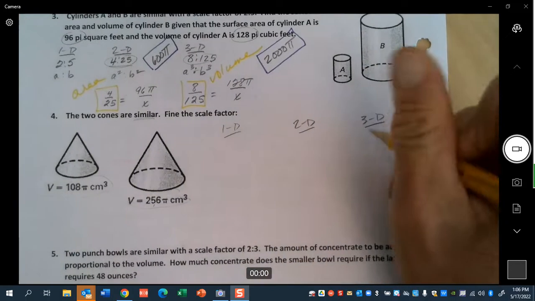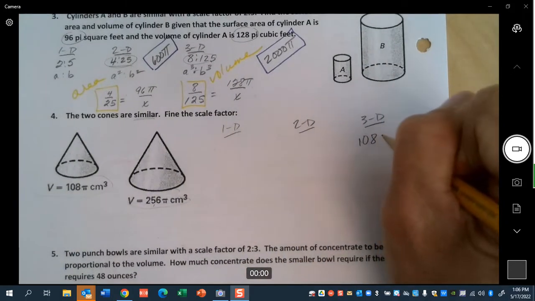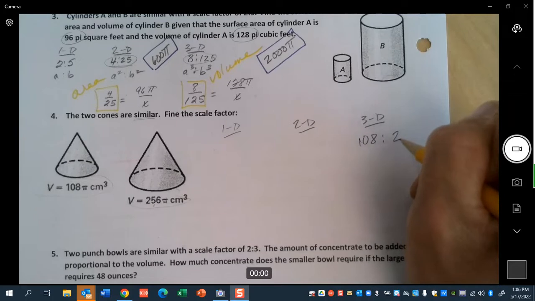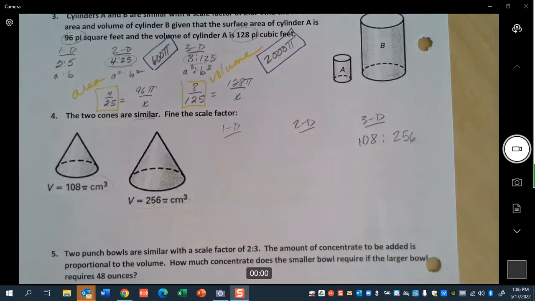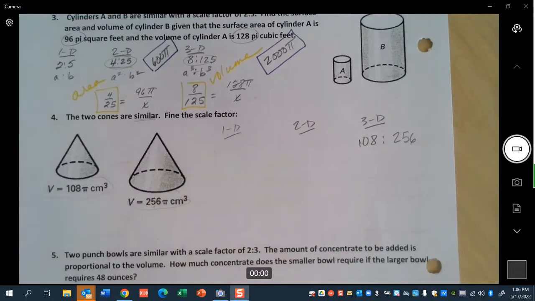Under my 3D column. What now? Take the cube root of both of them.